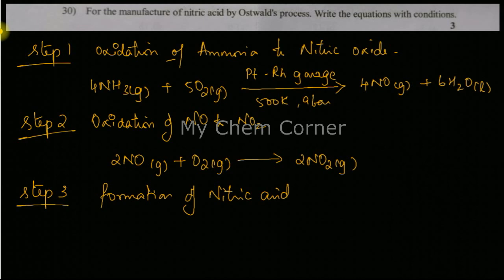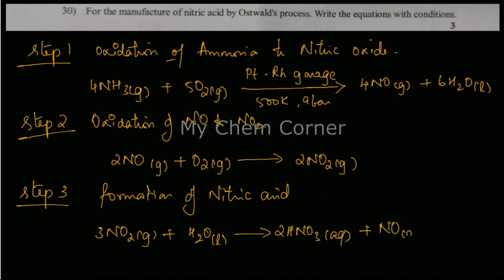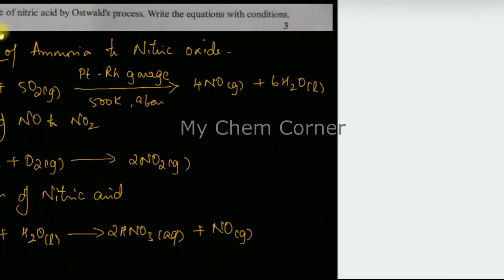So here you treat your NO2 plus water, which will give HNO3, which is in the aqueous form, plus NO, which is in the gaseous form. So each step here will carry 1 mark, provided the balancing is correct and the conditions are correctly written.